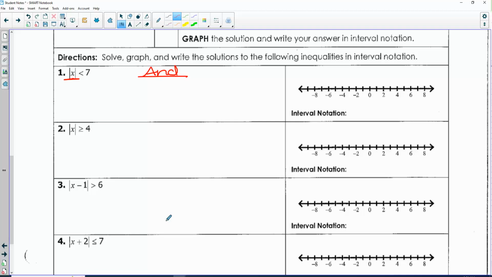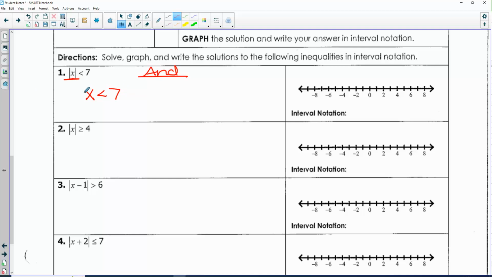We talked about different options for that, but typically when we had and statements, we rewrote it as one big inequality. So we keep the absolute value of x is less than 7. I'm going to drop the absolute value, so I'm just going to say x is less than 7.